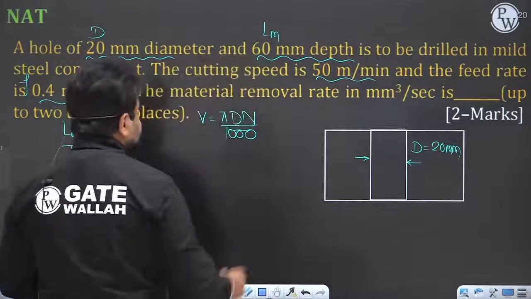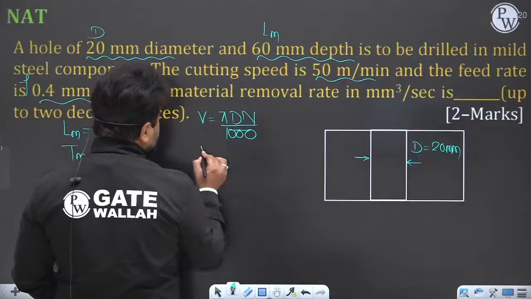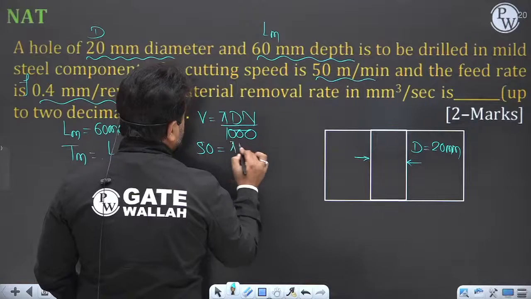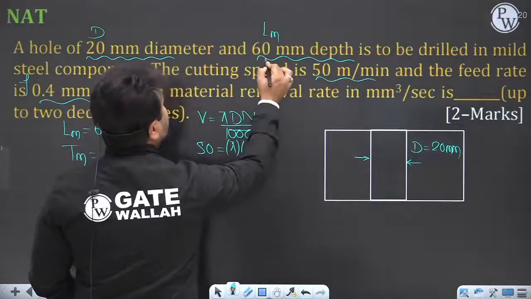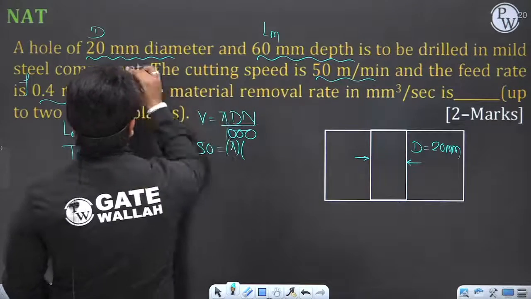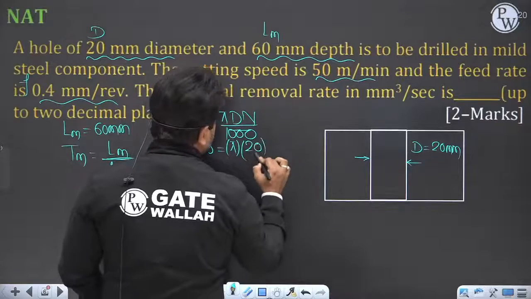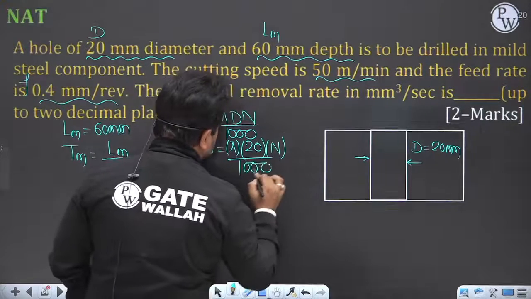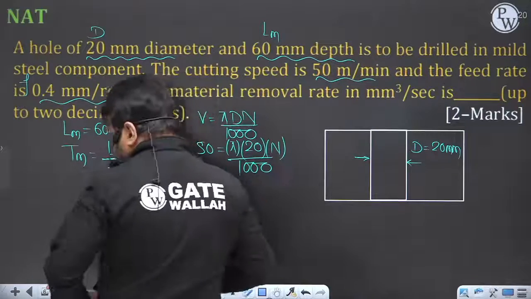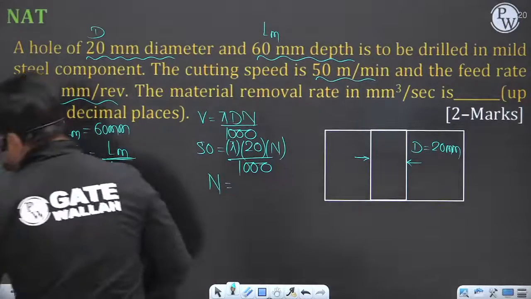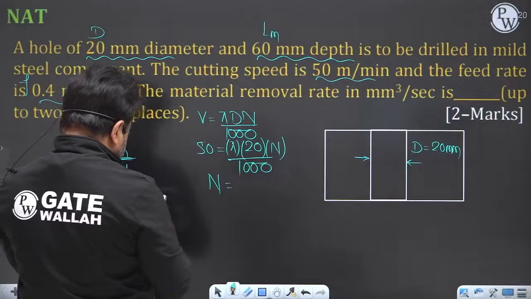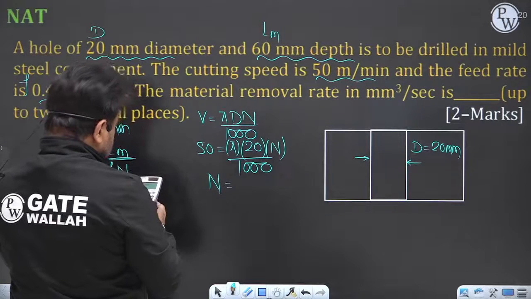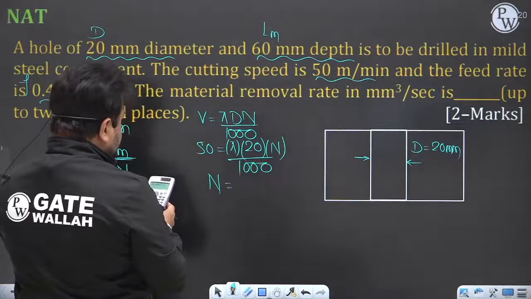So V is 50, D is the diameter, that is 20. So N equals 50 into 1000 divided by pi into 20.